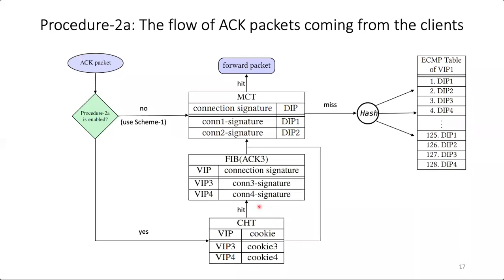If there's a hit, this means that this is an ACK3 packet, and the hardware learns its signature in the FIB as an ACK3 packet. Then the packet is forwarded according to the MCT and ECMP tables, similarly to the previous load balancer flow.